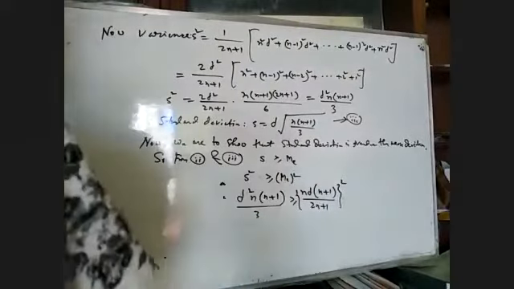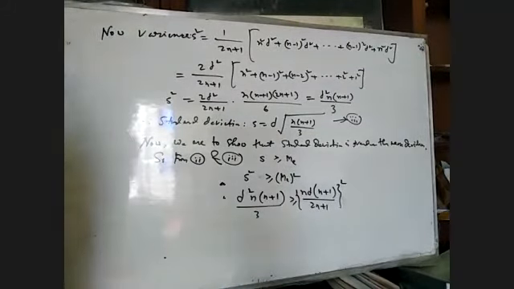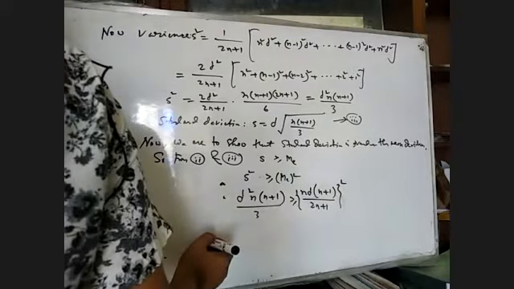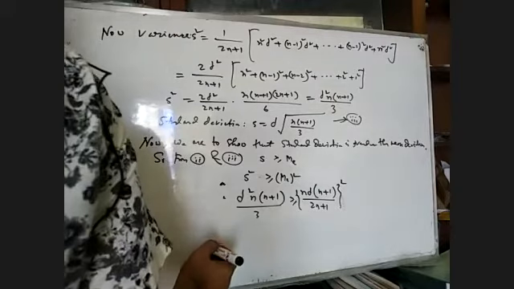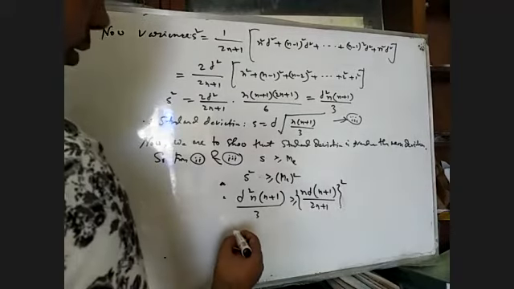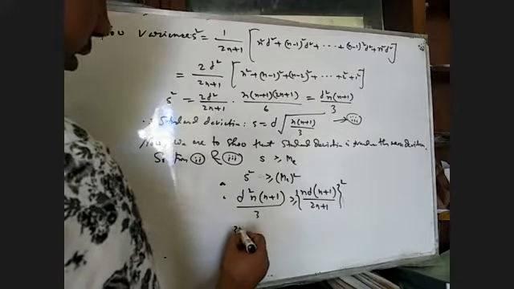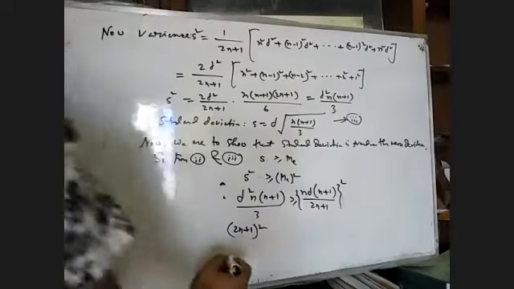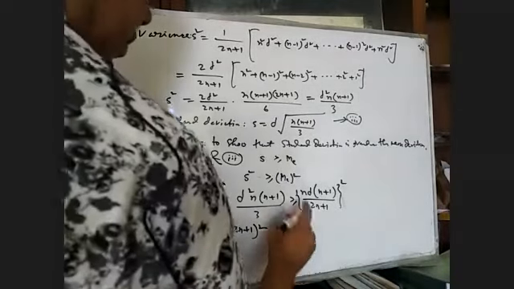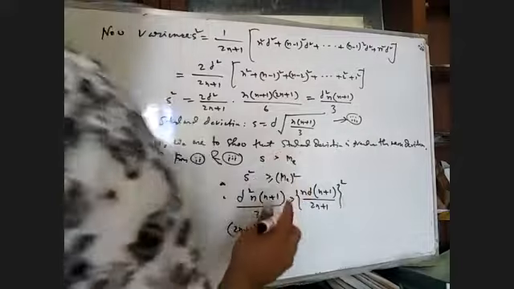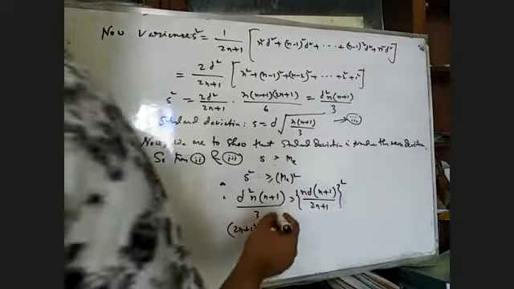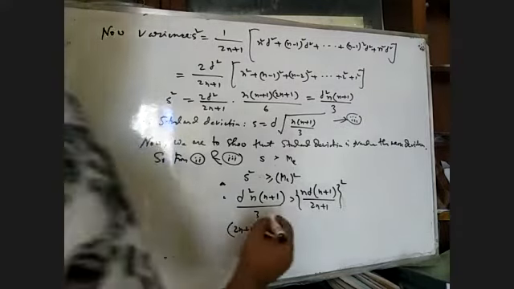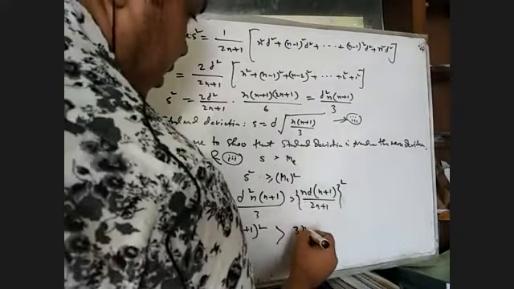So d square will be cancelled, and twice n plus 1 whole square is greater than, by cross multiplication we get thrice n into n plus 1.